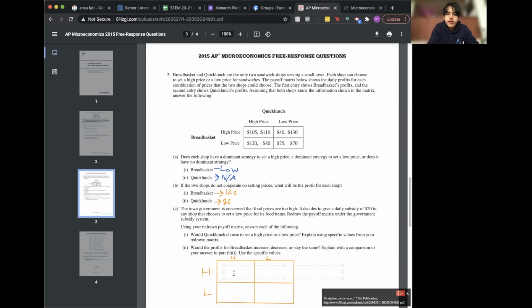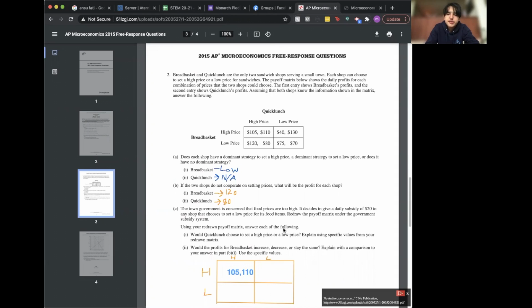So in this box, it will be for the high price. In the top, it will be 105, 110, because the prices will stay the same if they both go high.